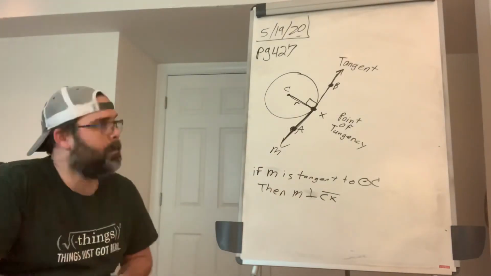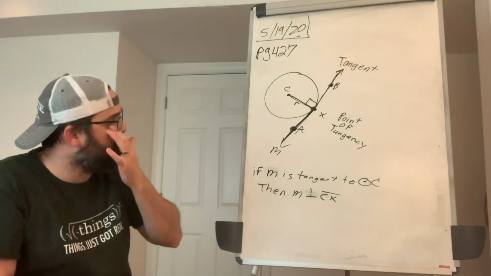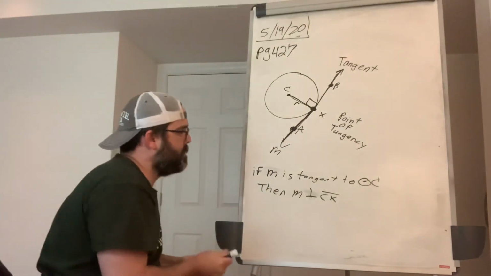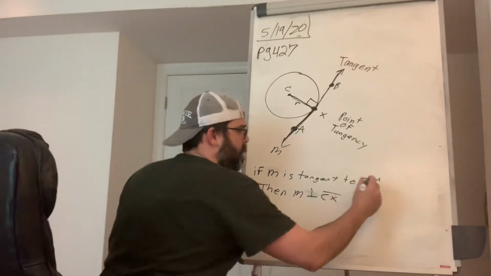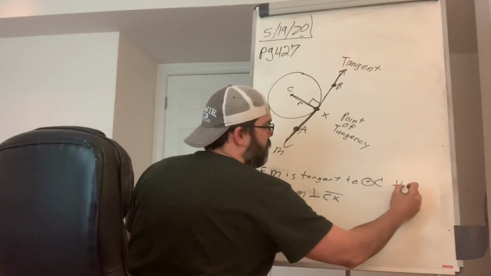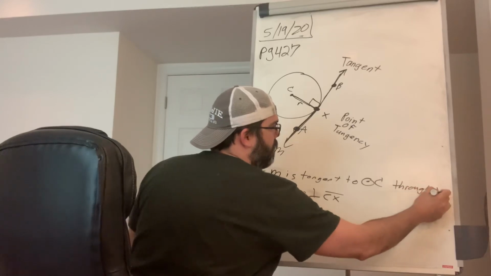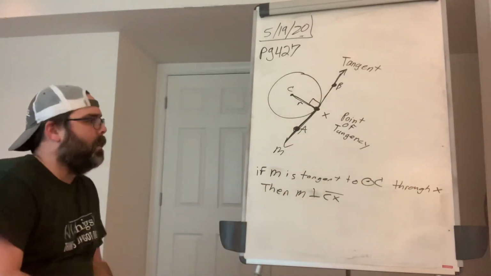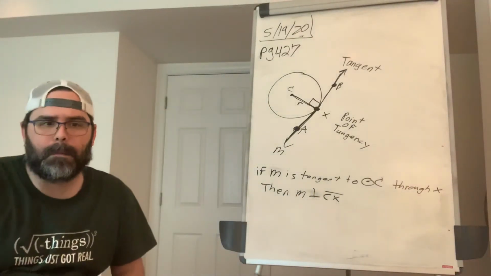Okay, so this is the theorem. If this line is a tangent and it goes through point X, then the two lines form a perpendicular relationship.